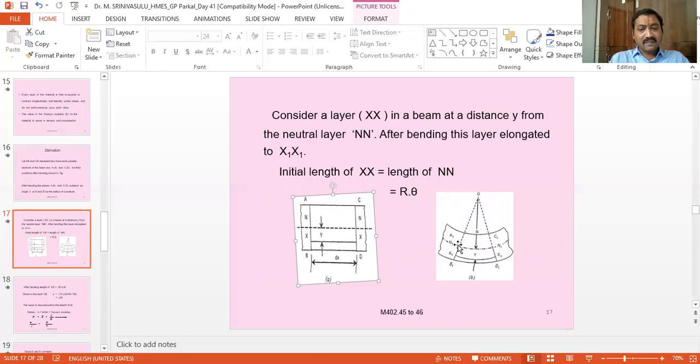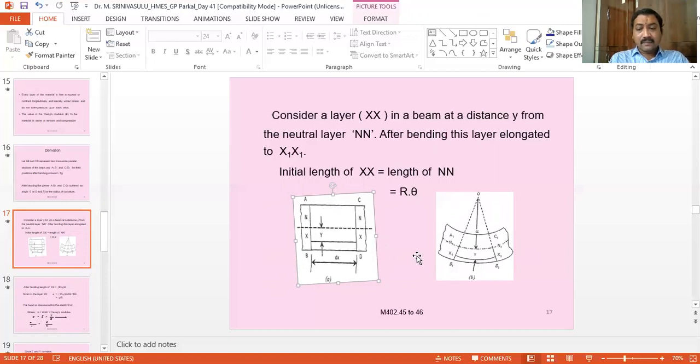So here also N1 N1 is the neutral axis, but the length will remain constant. One thing we have to remember, the length of the neutral layer will not change. It will remain unchanged before the bending and after bending. So that is very important.